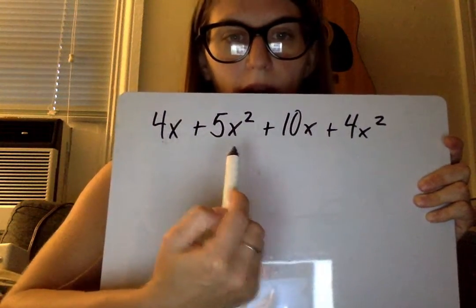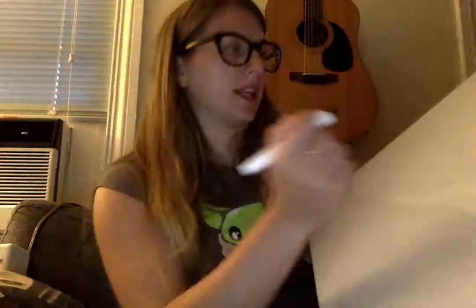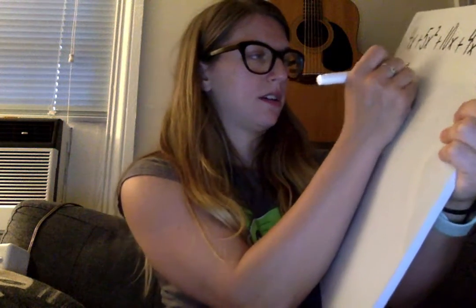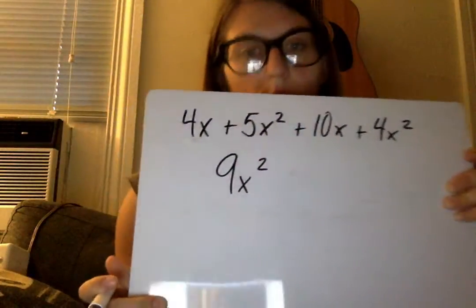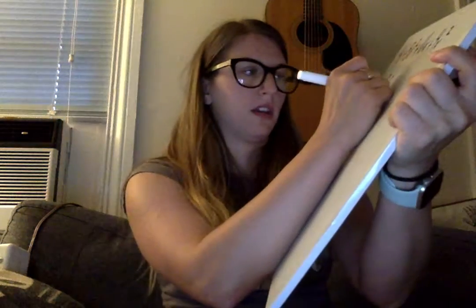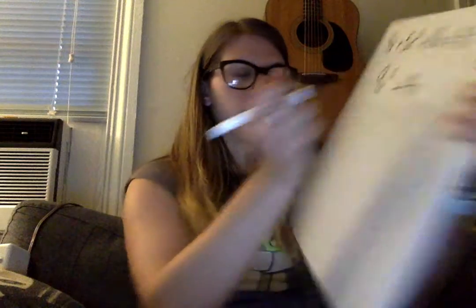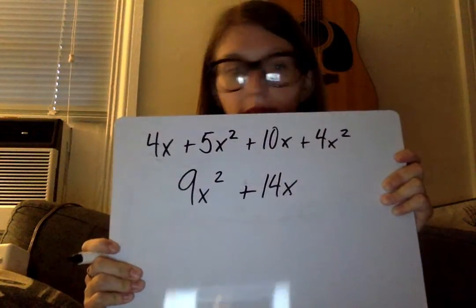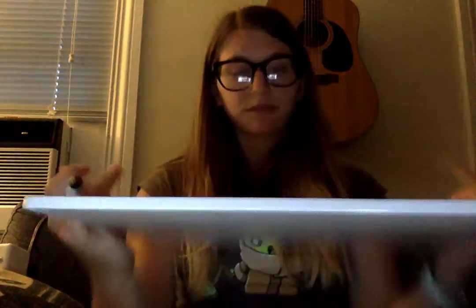But I can combine my x squared with my x squared. That's going to give me 9x squared. And I can combine my 4x with my 10x. That's going to give me 14x. And then you're done. That's it. So I have a little example for you guys to do. Why would I give you that example?